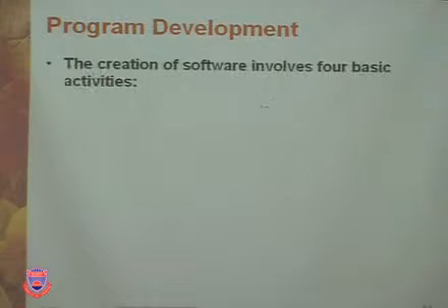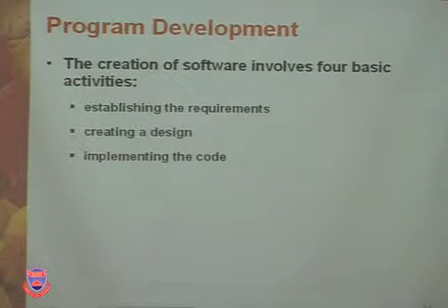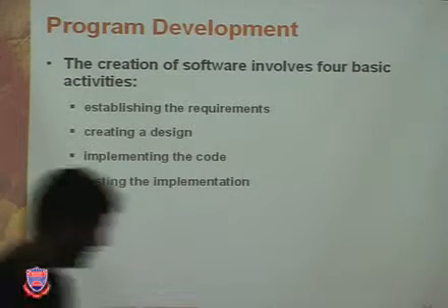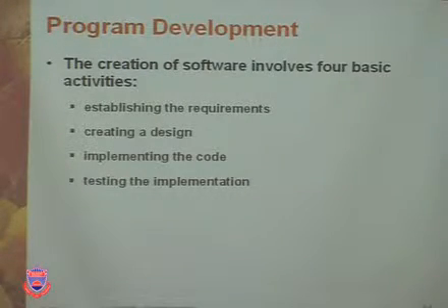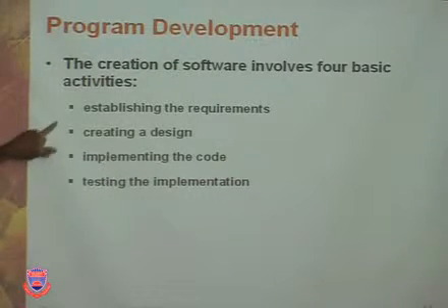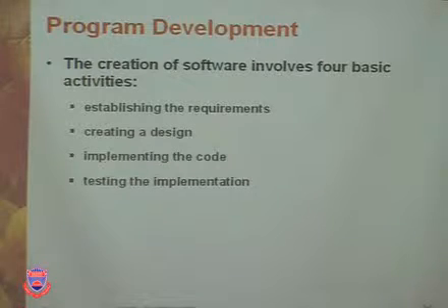And when you look into the program development, we have 4 basic activities that we need to perform in order to create our program. First, the main step is establishing the requirements, or finding out what are the requirements of your application that you're going to implement.